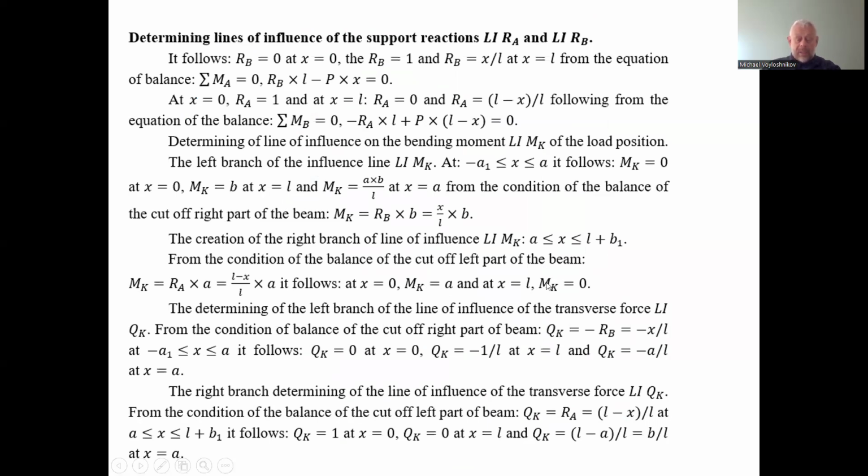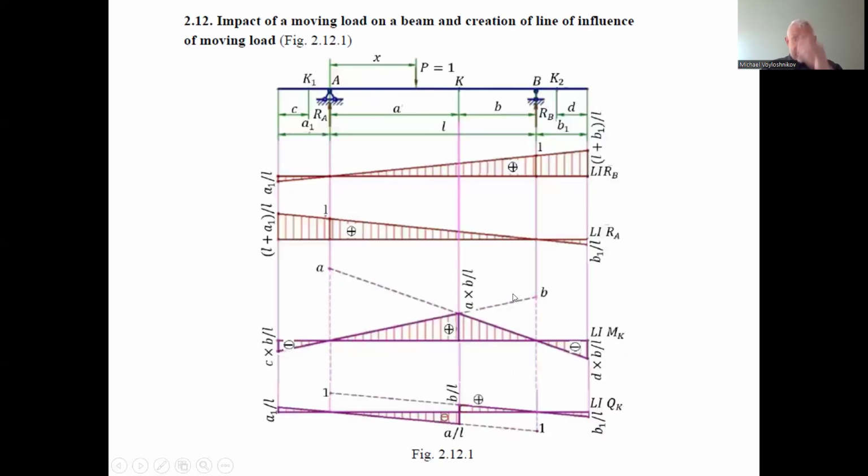So when X equals L, the unit force applied at the point B, the bending moment in the point K is equal to 0.